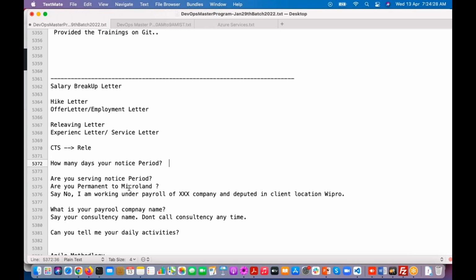Like that, you can communicate with the HR so that they change your joining date. Recruiting one resource is not that easy a process.